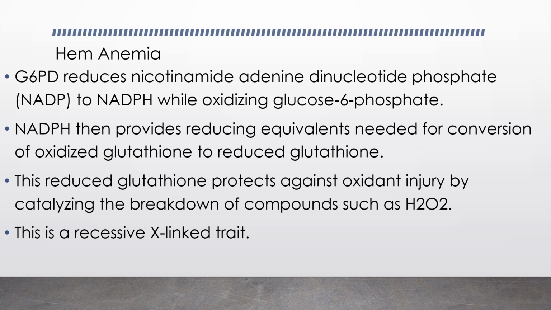G6PD reduces NADP to NADPH, okay, it oxidizes glucose 6-phosphate. Now this NADPH provides reducing equivalents which convert oxidized glutathione to reduced glutathione. So then it can again neutralize and prevent the damaging effect of oxidation radicals within the cell produced due to metabolism or whatever activity, UV damage.